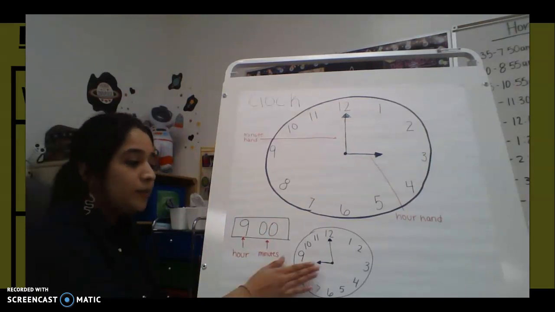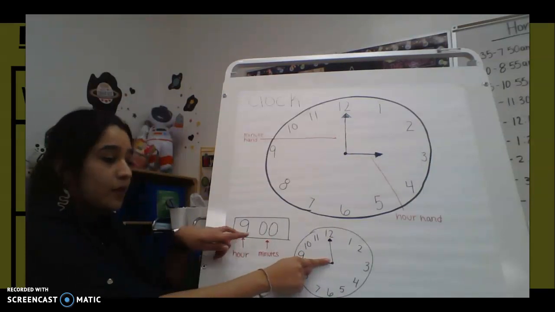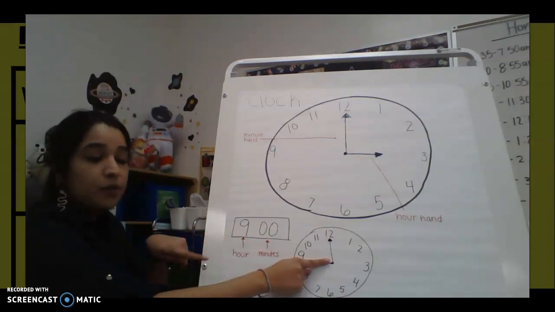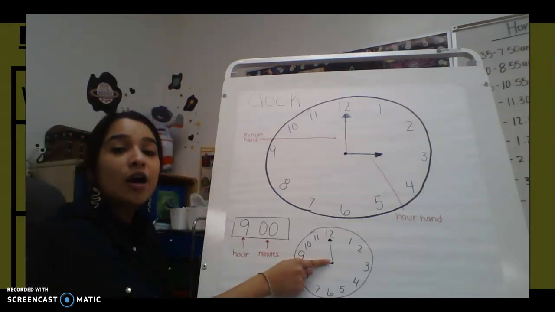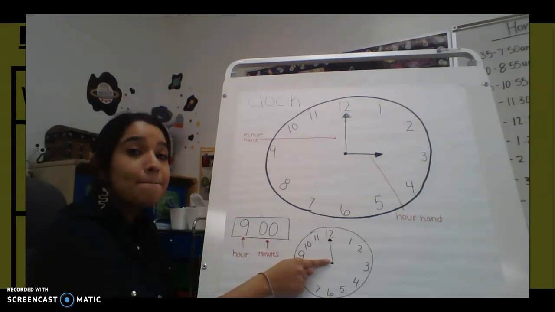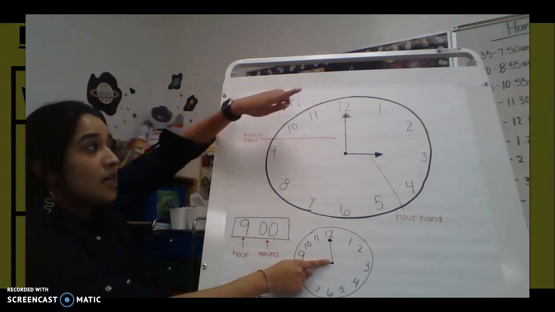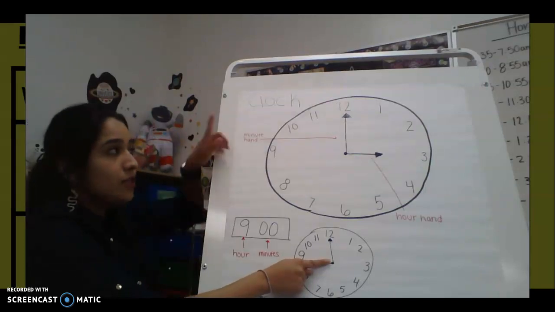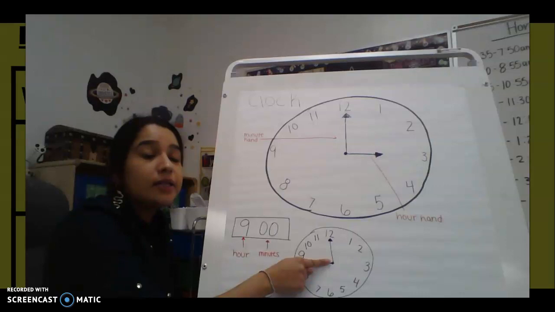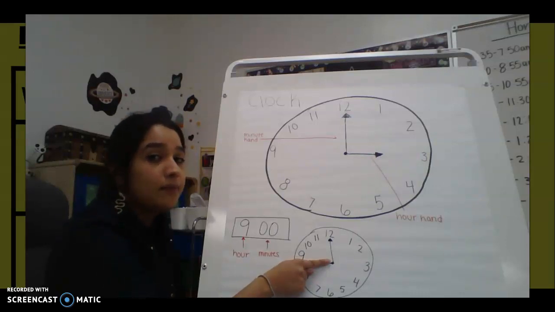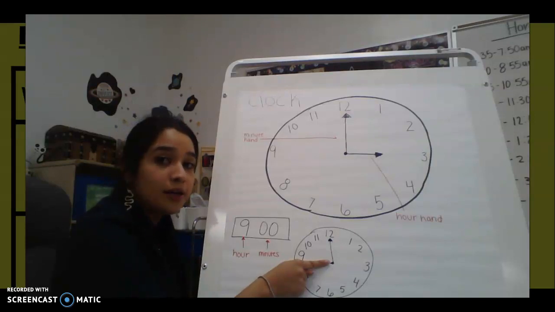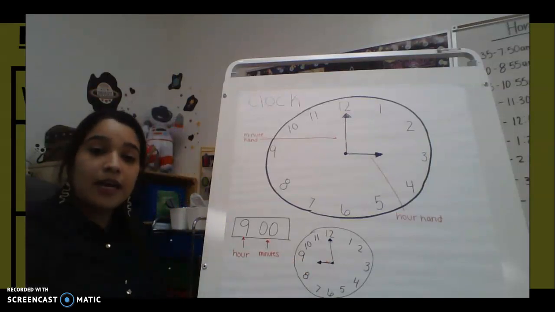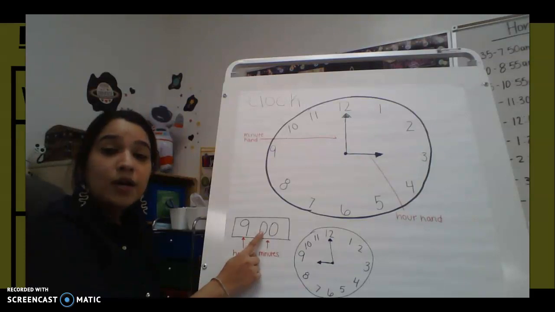Okay, so right here we have 0, 0 in minutes. So what does that represent? How do we represent that on a clock? What did we say that 12 means whenever we're saying the time? O'clock. So whenever you see the minute hand on a 12, you say o'clock. And we have 2 zeros.